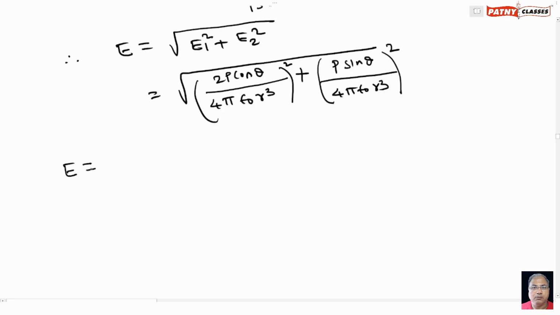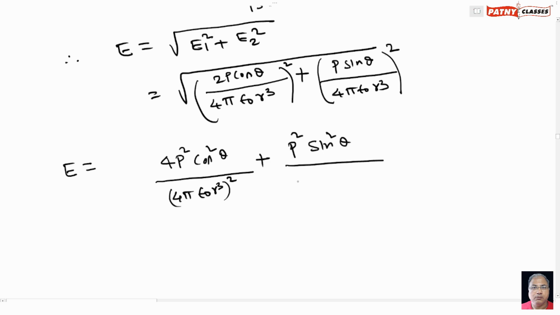Therefore E equals under root of 4P square cos square theta divided by (4 pi epsilon r cube) whole square plus P square sin square theta divided by (4 pi epsilon r cube) whole square.